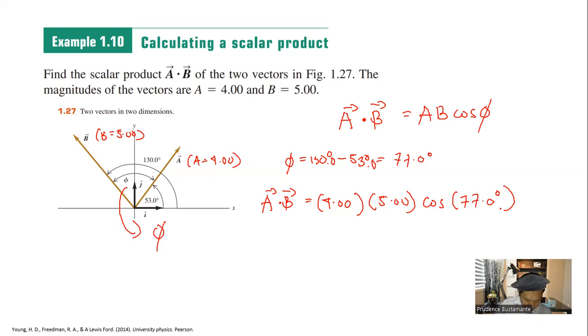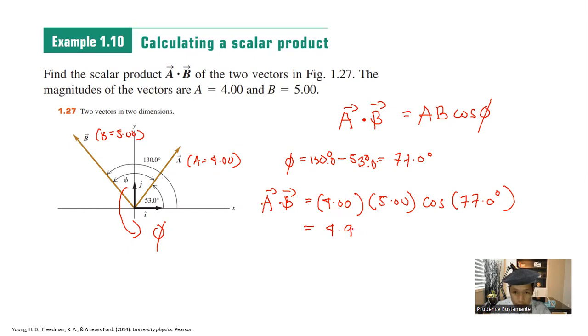If we try this in our calculator, what would be our answer? 4 times 5 cosine 77.